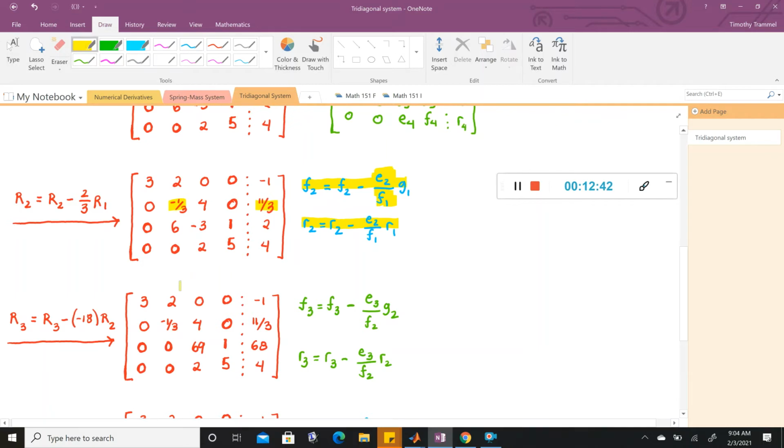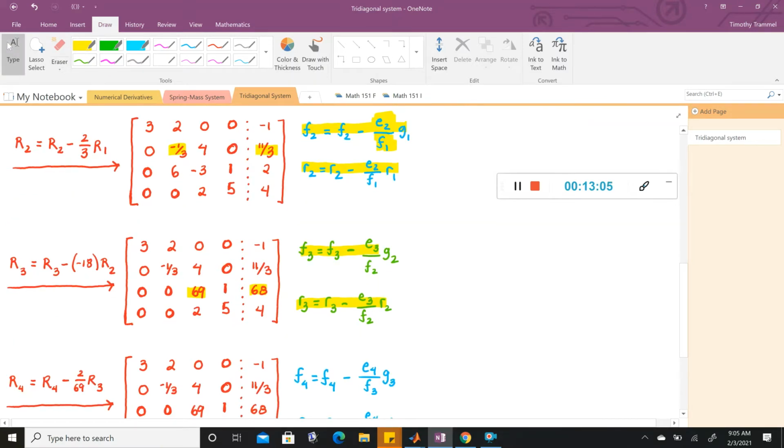What all has changed? Well, what has changed has been this number here and this one here, and nothing else. And so again, this could just be represented by these two little formulas. I want you to check by hand that this is exactly what's happening.